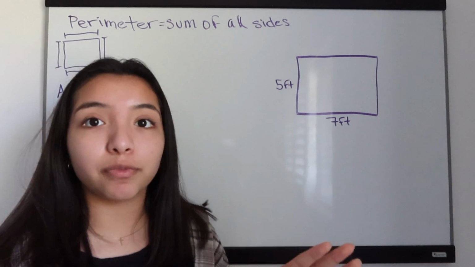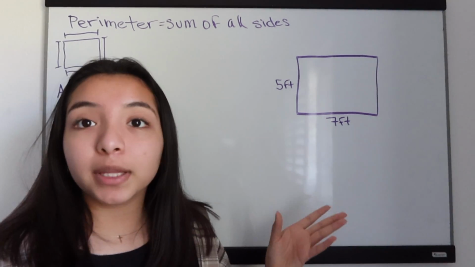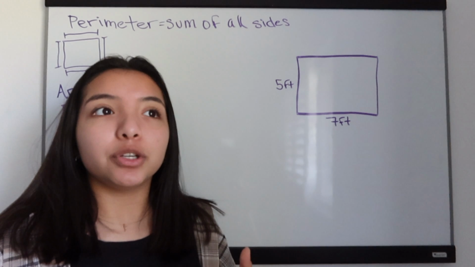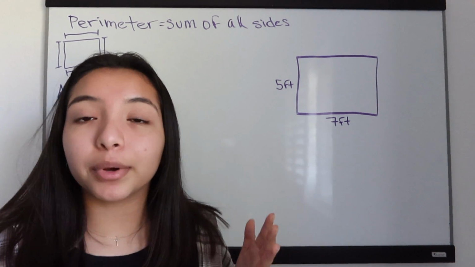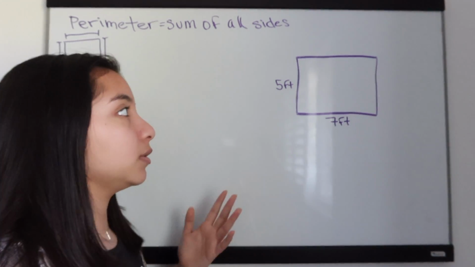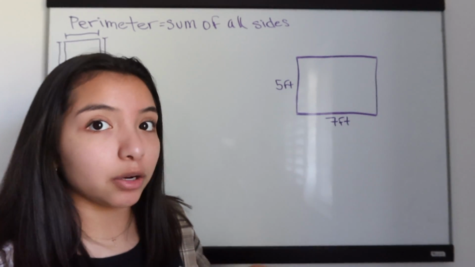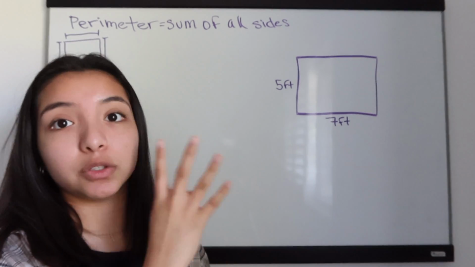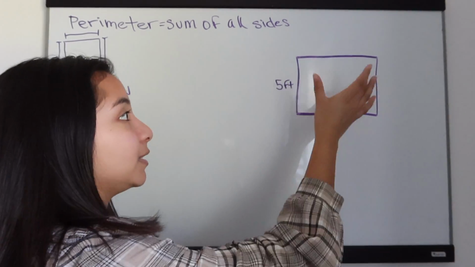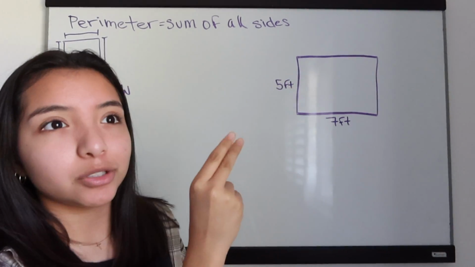So let's first find the perimeter. To find the perimeter, we basically have to know the basic properties of rectangles. A rectangle is a figure that has four sides. It's a quadrilateral, and it has two pairs.